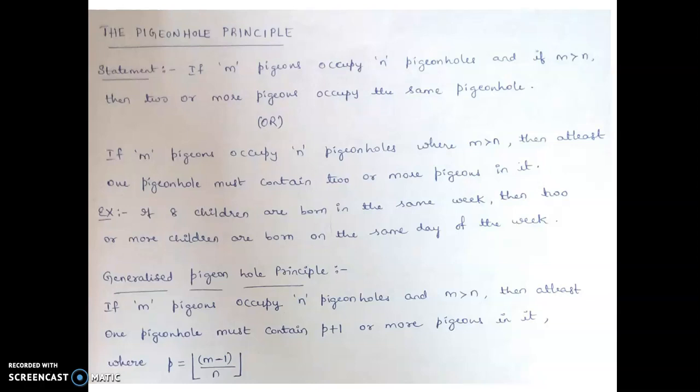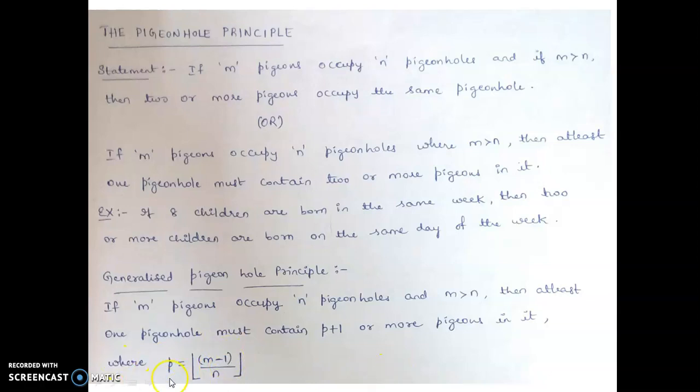Next, the generalized pigeonhole principle: if m pigeons occupy n pigeonholes and m is greater than n, meaning pigeons are greater than pigeonholes, then at least one pigeonhole must contain p plus 1 or more pigeons, where p is equal to (m minus 1) divided by n.